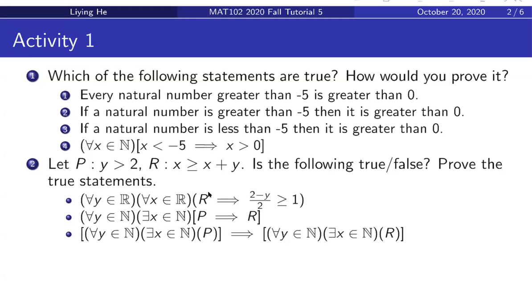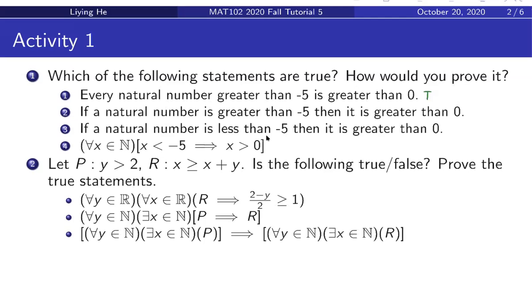True. Okay, why is it true? Yes, because they are natural numbers. Exactly. Since natural numbers are always greater than 95, and natural numbers are always greater than 0, this is true. Okay?